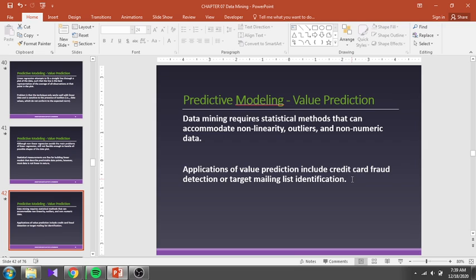Okay, there's some examples of value prediction, meaning that yes, as I said in the last video, if somehow something happens to your credit card, the bank actually can detect some of your activities, of your purchasing using your credit card.